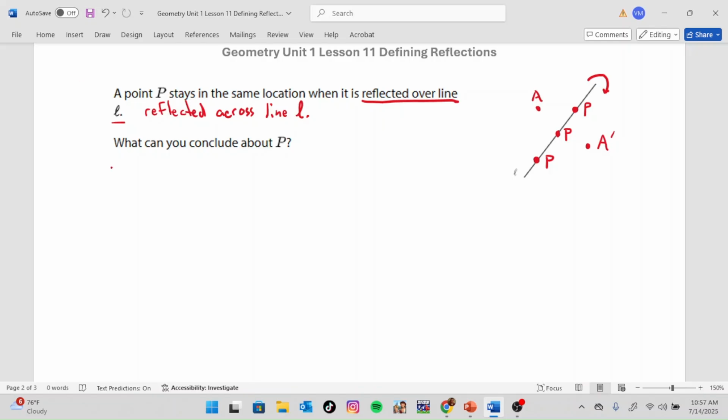So we can say point P must be a point on line L itself. It must be one of the points that is making up that line. Otherwise, it would change sides.